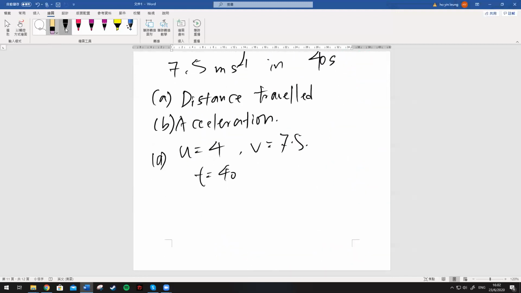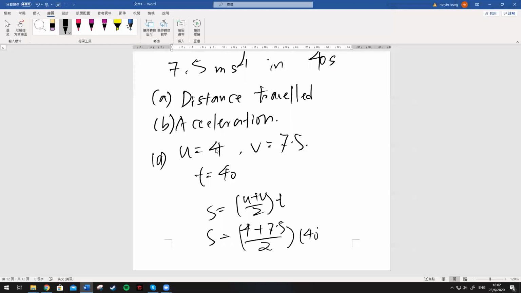So s equals u plus v over 2 times the time. s is unknown, u is 4, v is 7.5, divided by 2, times the time, which is 40. So this is 40 times (4 plus 7.5) over 2, which is 230 meters.